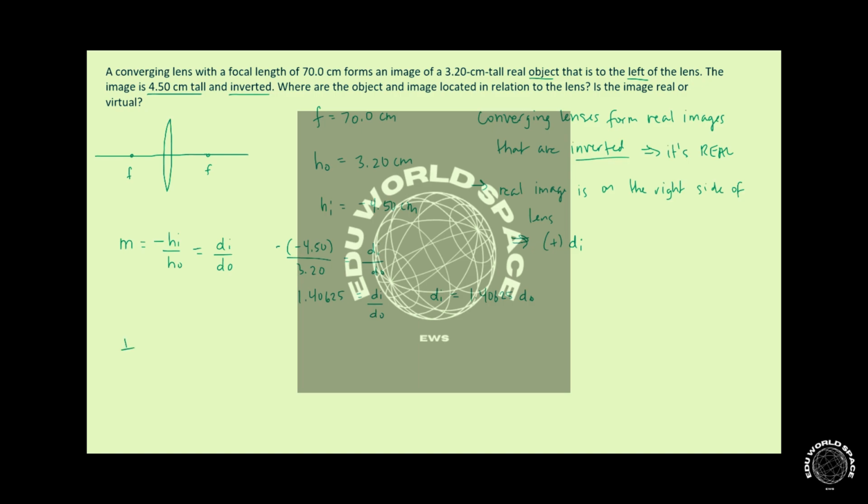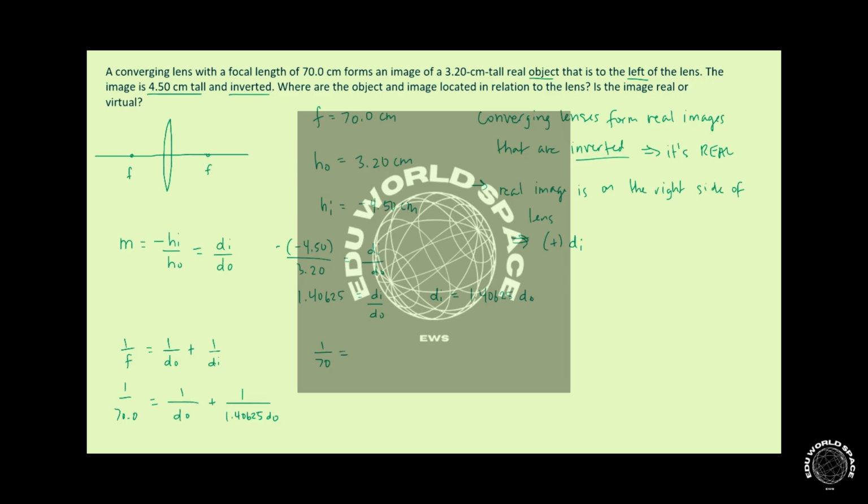So now let's come to our lens equation. 1 over the focal length equals 1 over object distance plus 1 over image distance. We can go ahead and plug in that 70 centimeters for our focal length equals 1 over the object distance plus 1 over 1.40625 times our object distance. Our next step will be to find a common denominator.